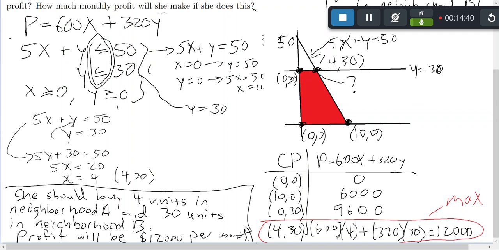So she should invest $2 million in neighborhood A, and then 30 units in neighborhood B means the other $3 million in neighborhood B. So 2 million in neighborhood A, 3 million in neighborhood B, and if she does that, $12,000 per month will be her profit.